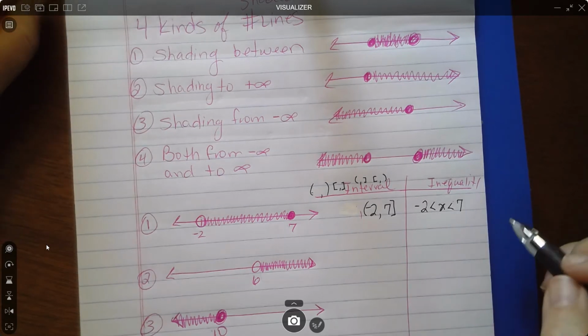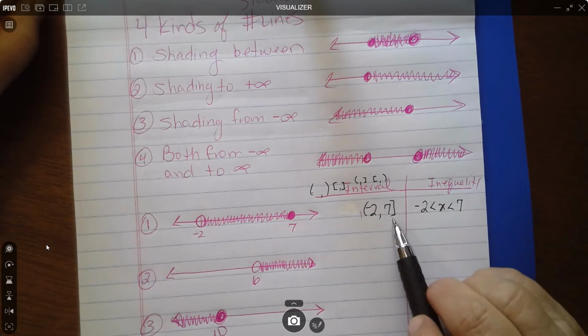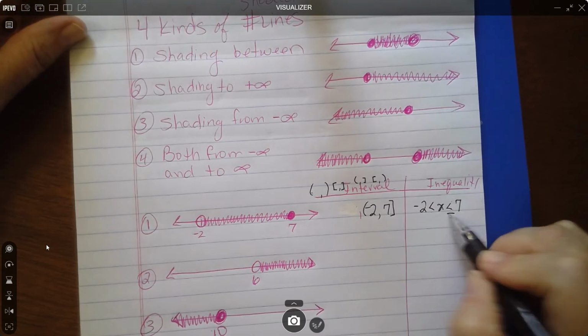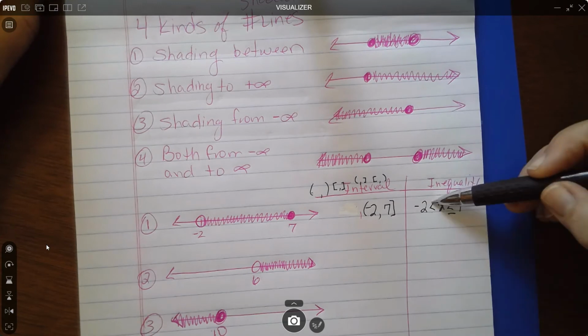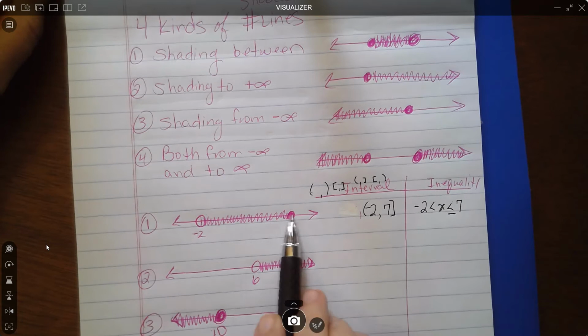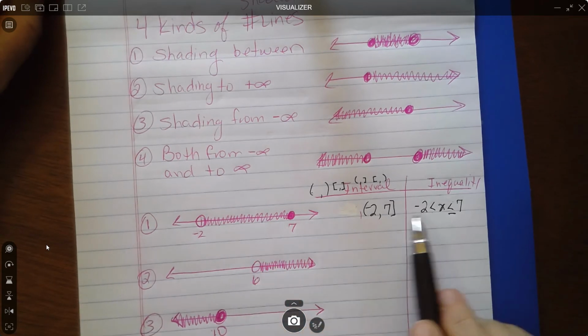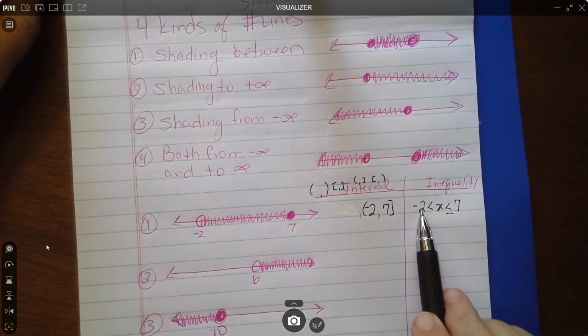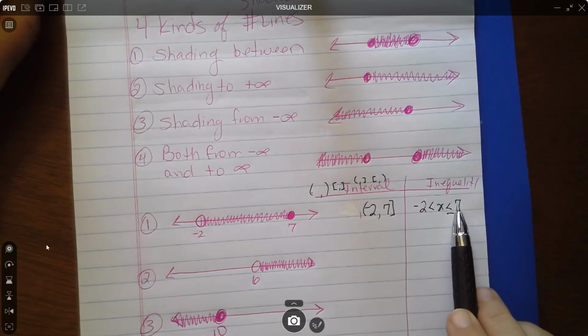The only other thing you have to do now is go back and make sure whether or not you put a bar underneath either one of these symbols. Since this bracket is behind the 7, you do put a bar right there. But the less than, the X, and the less than is the same every time you have shading in between. The left number goes on the left side. The right number goes on the right side.